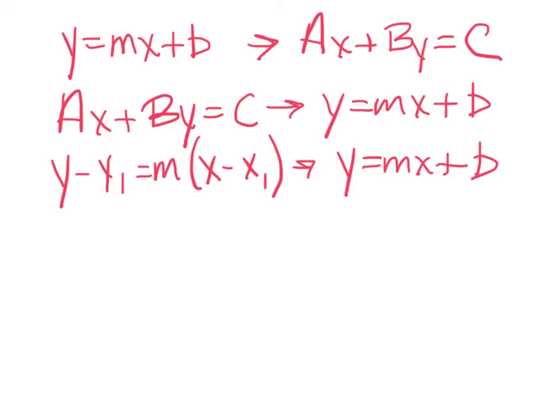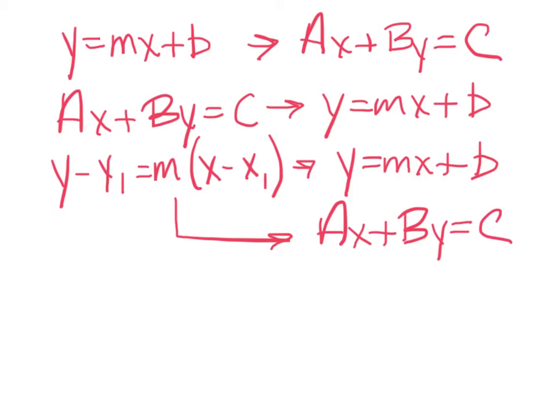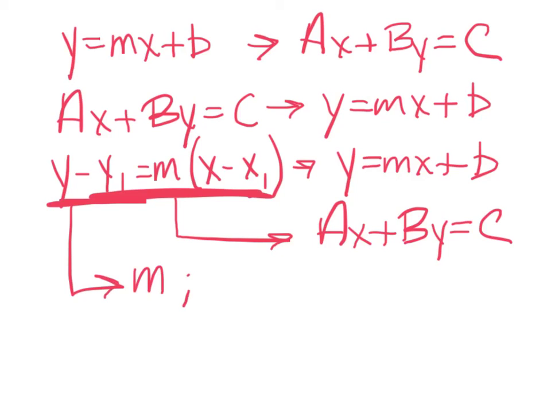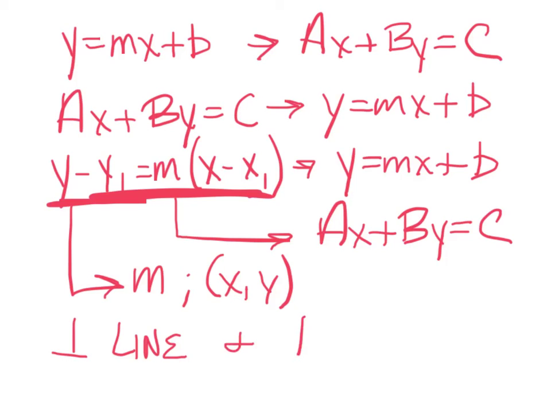You must also know how to go from this to ax plus by equals c. You must know how to generate this equation when given a slope and a point. You must also be able to find a perpendicular line and a parallel line.